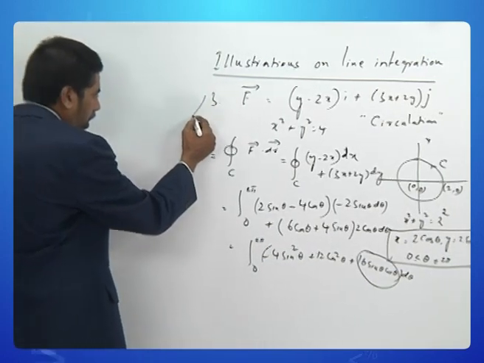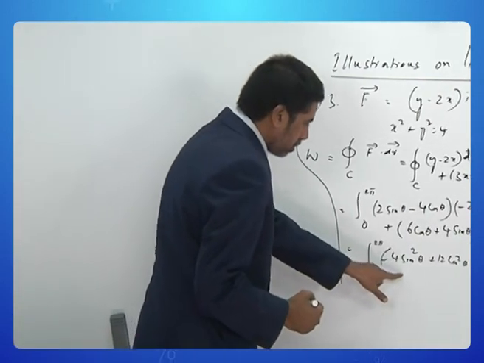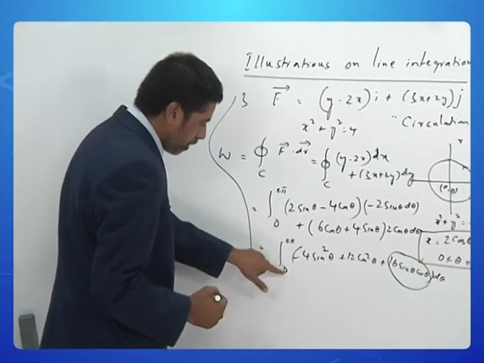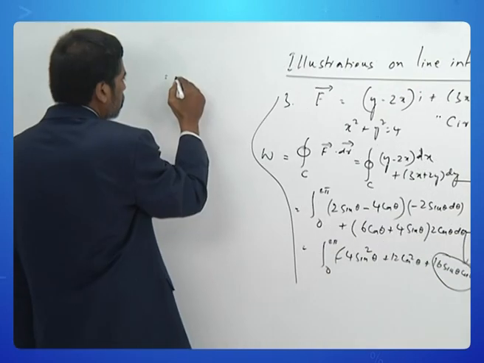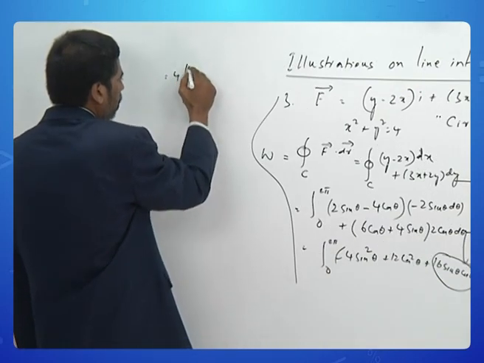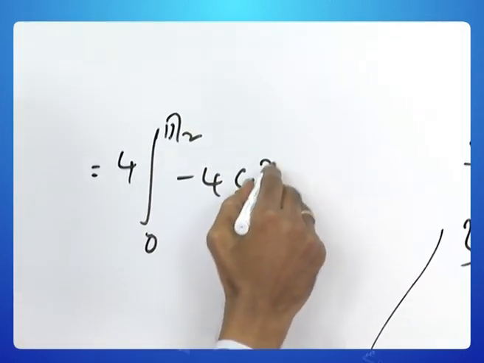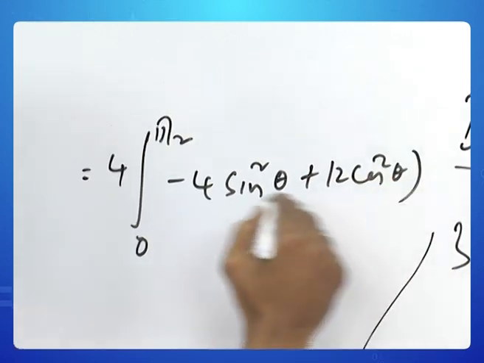Let us see how we can quickly evaluate this. Whenever you have even powers of sine or cos, the range 0 to 2 pi can be written as 4 times 0 to pi by 2. So, this we can write as 4 times the integral from 0 to pi by 2 of minus 4 sin square theta plus 12 cos square theta d theta.